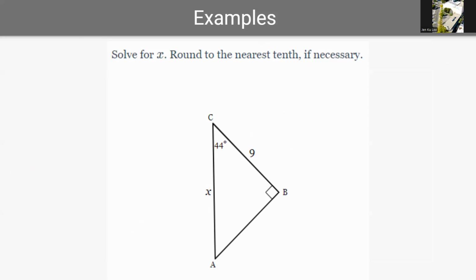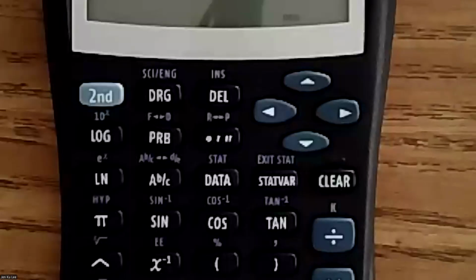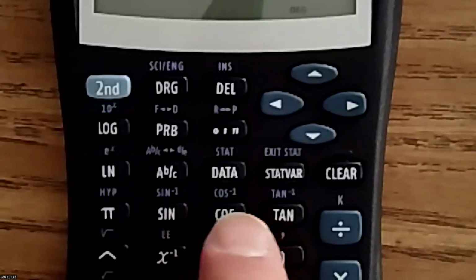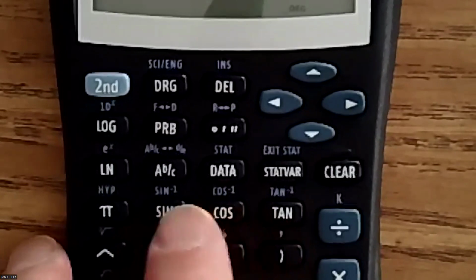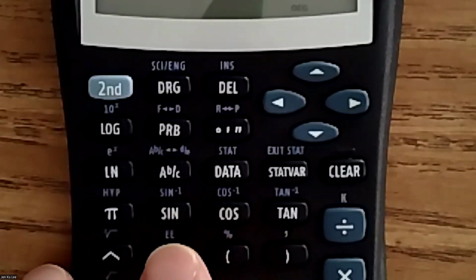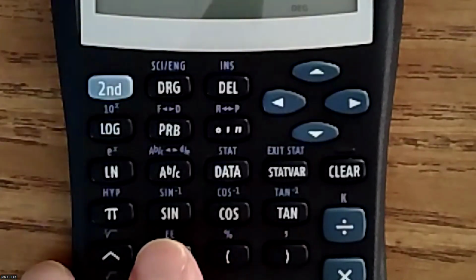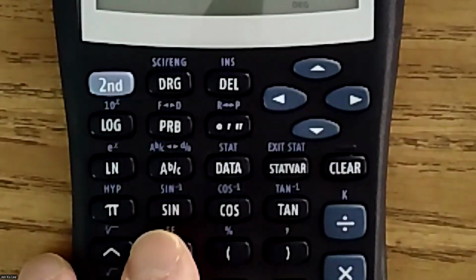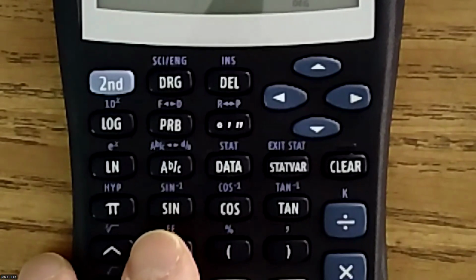You guys all see these three buttons, sine, cosine, and tangent? That's what we're going to be dealing with. So if you look back at the problem that was given, 44 degrees, and I have x and I have 9.